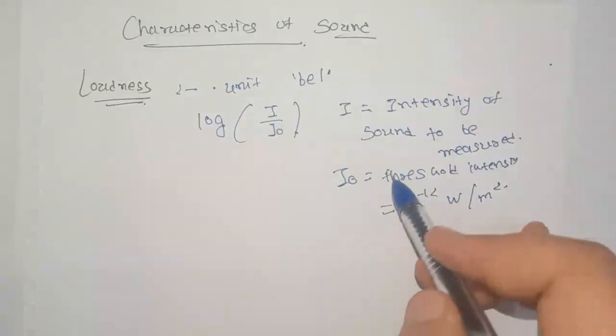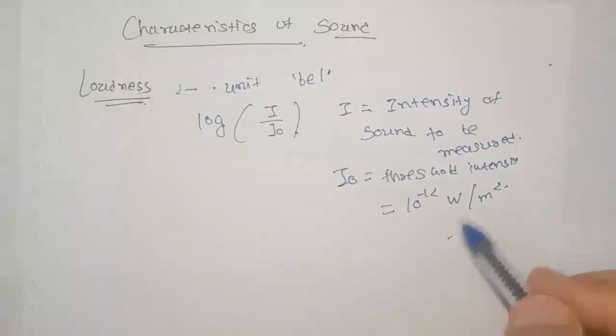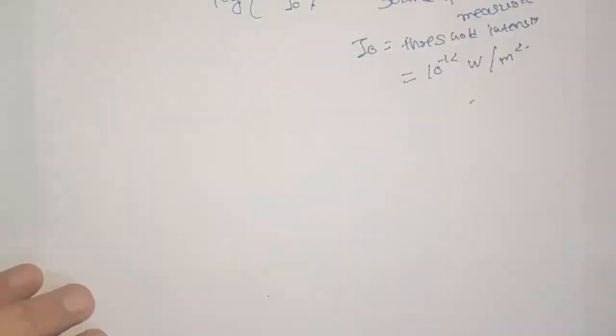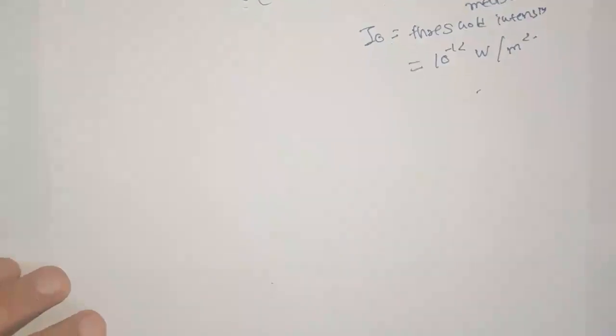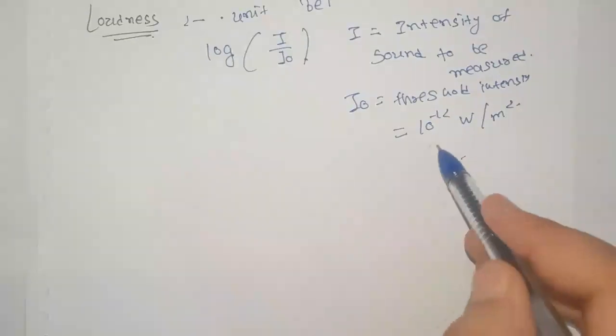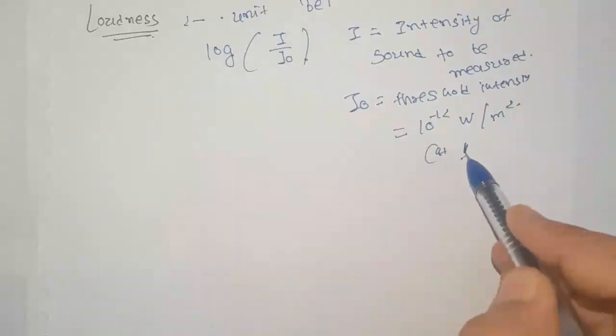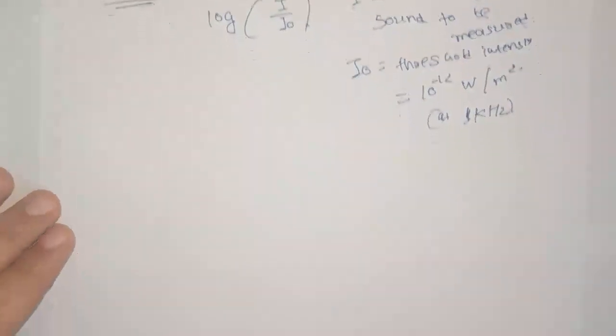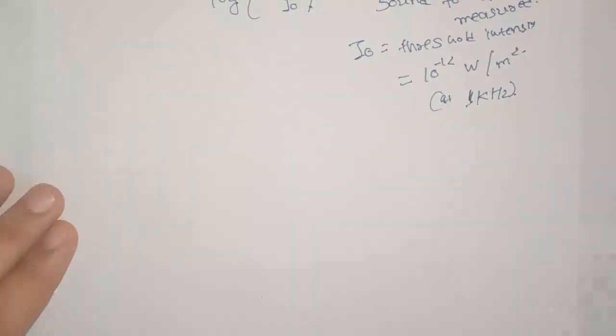It is the minimum intensity that human can hear. This intensity threshold is found at 1 kilohertz.